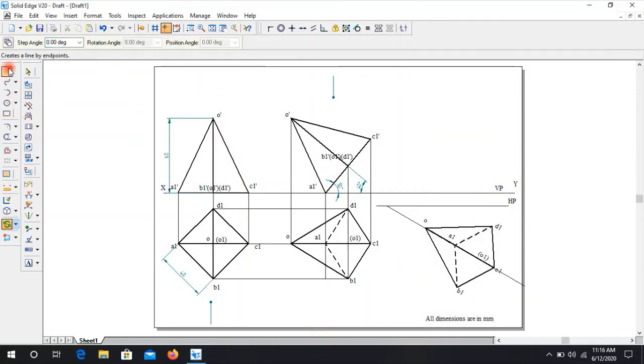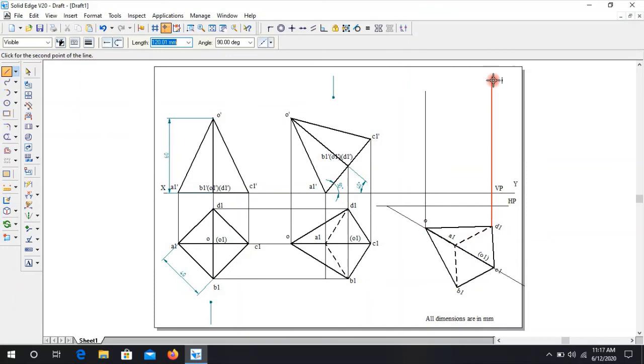After this final step, you have to project from all the corners. Vertical projection from every corners.